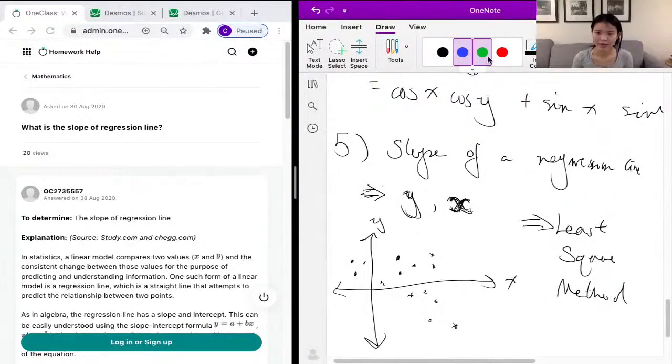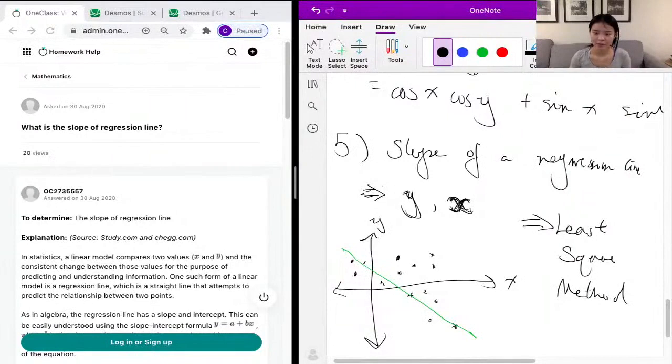So let's try to draw a line over here. Usually you would do it on software, because it's hard to eyeball it, and it's not going to be as accurate. Say this green line over here is our least square line, or our linear regression line, depending on how you call it.